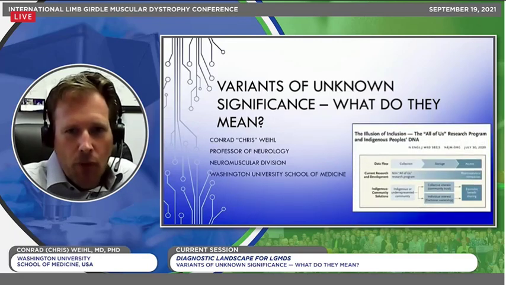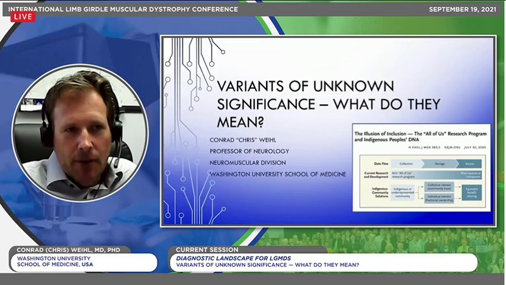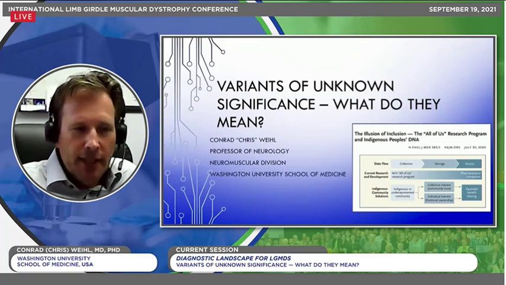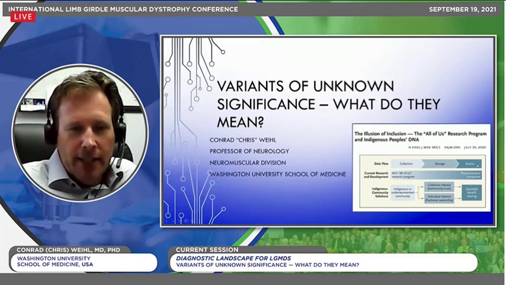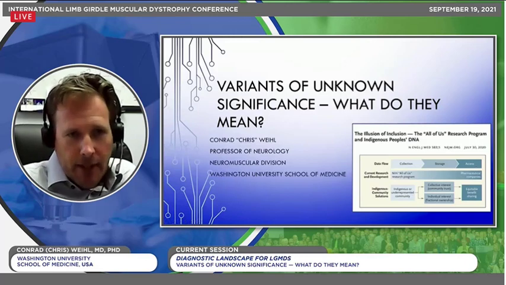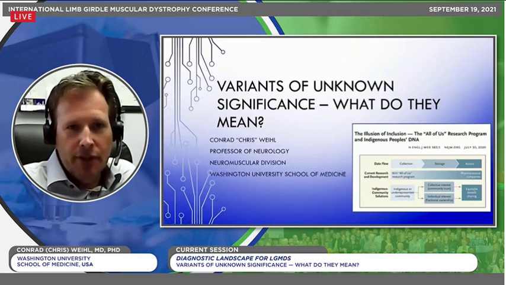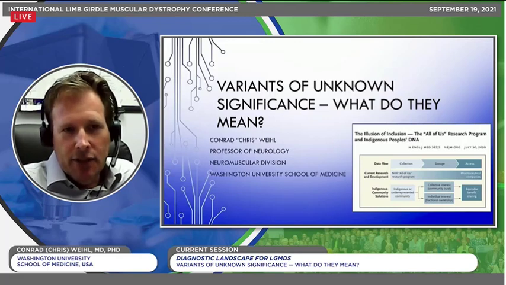I want to bring up one point, and I've been trying to do this in all of my talks, which is to really elucidate how the inclusion of indigenous people and underrepresented minorities is important in all aspects of research, not just clinical trial development, but even in genetics. In order for us to really understand variants of unknown significance, it's important that we have genetic data not just on individuals with disease, but also individuals without disease, and that these individuals without disease are from a broad background.